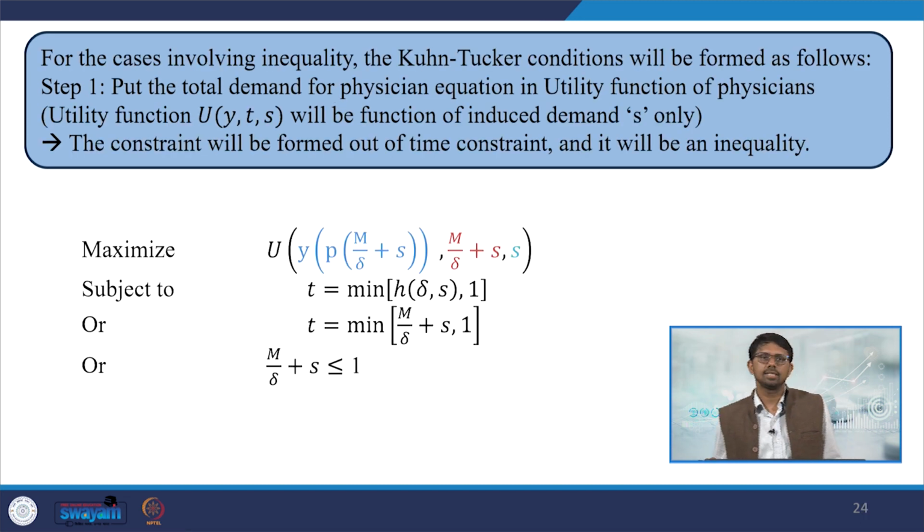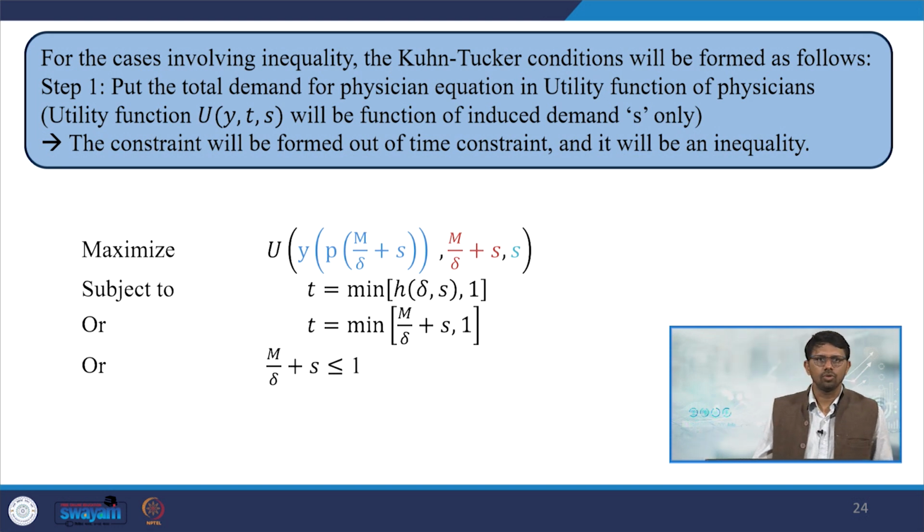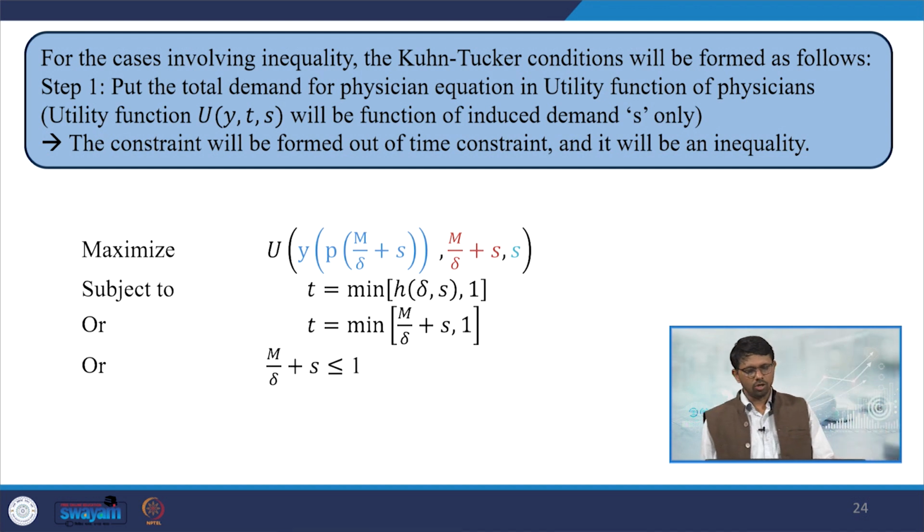For the cases involving inequality, the Kuhn-Tucker condition will be formed as follows, that is putting the total demand for physician equations in the utility function of physicians, that is u as a function of y, t and s, that will be a function of induced demand s only.